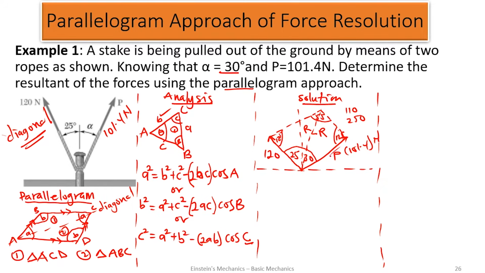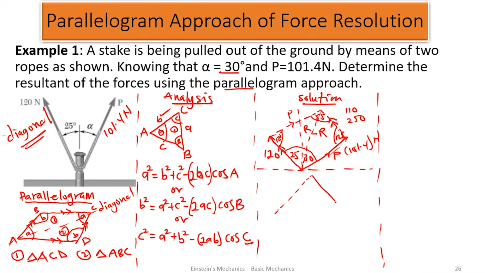Remember, this line P is the same thing here because for a parallelogram, the sides are equal. So this and this are equal, this is equal to that, and this is also 120 here. So I'll take one side of it. Let's assume I take this side. I'm going to have something like this. This is the resultant.